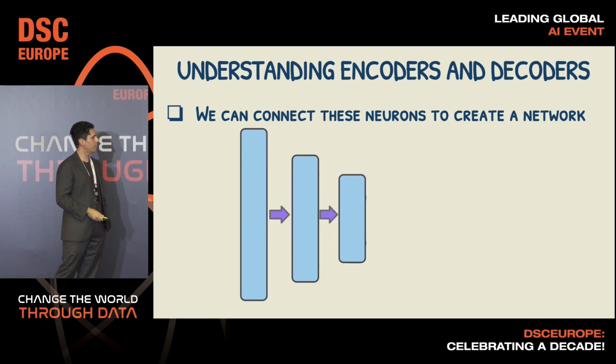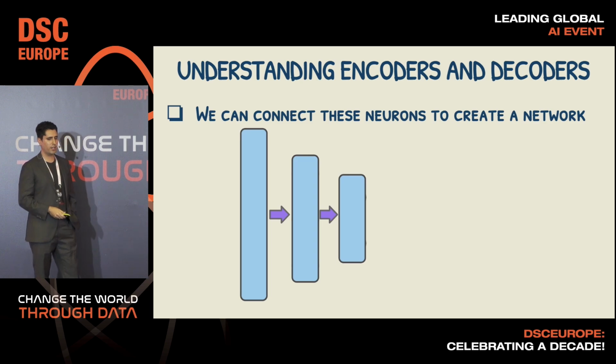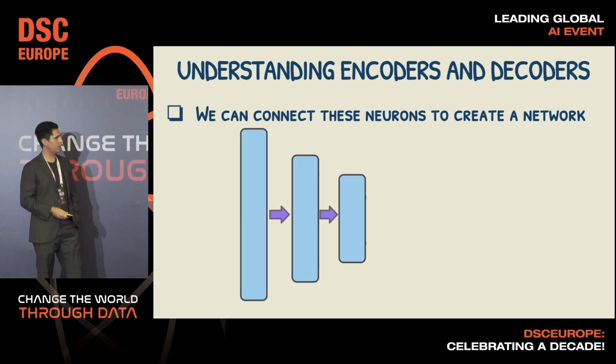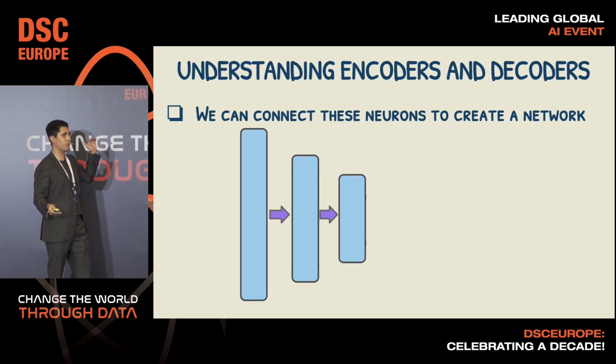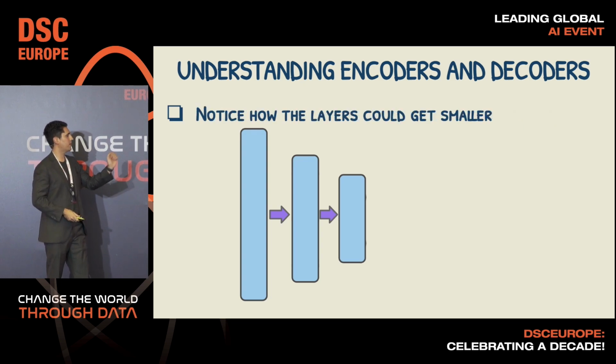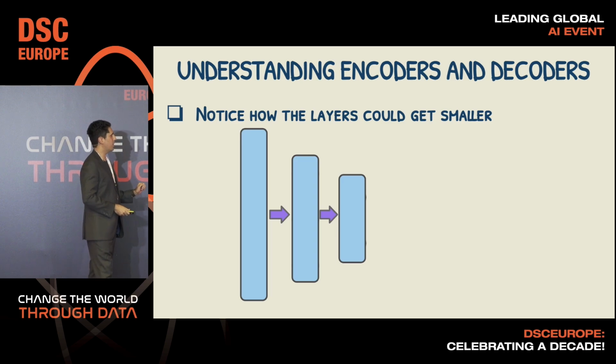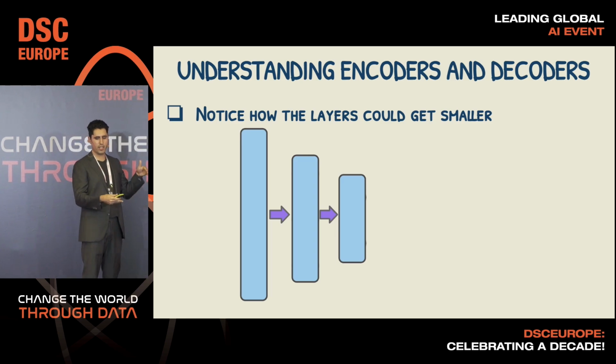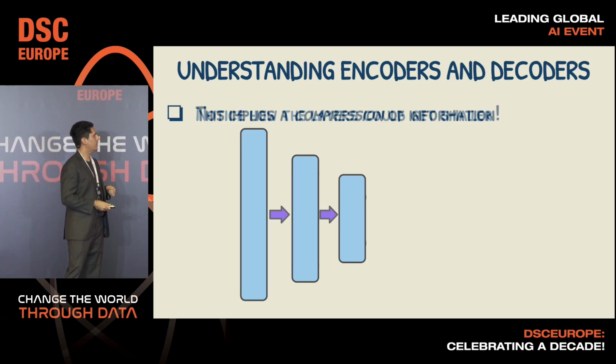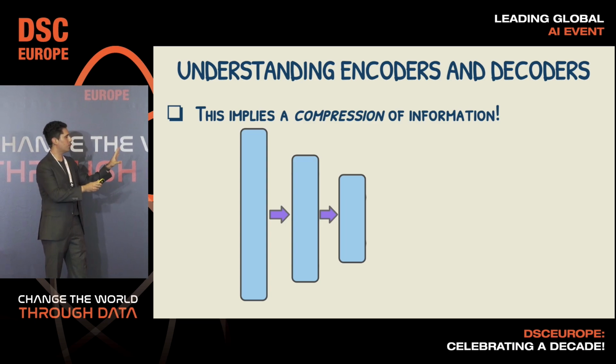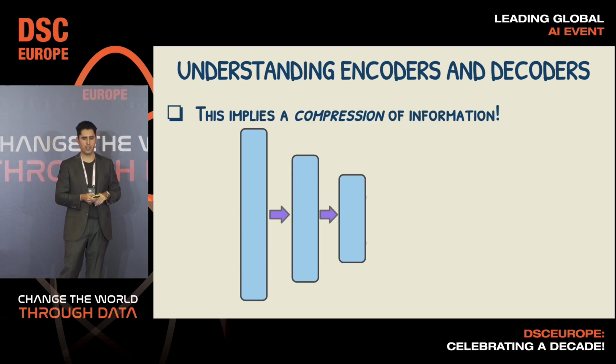And something to understand here is depending on the architecture, we can actually have layers go from a really large input layer to a smaller one. So notice here in this diagram, the layers are getting smaller, and so we're somehow encoding information. And so this is actually implying some sort of compression of information.